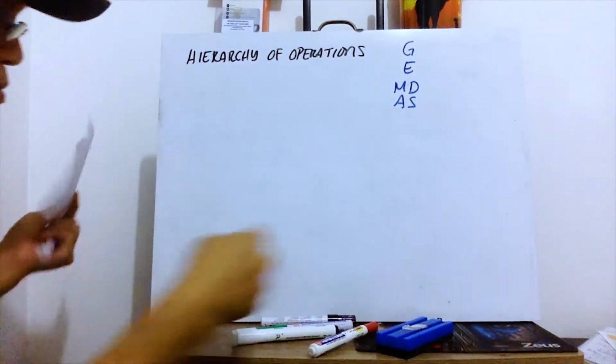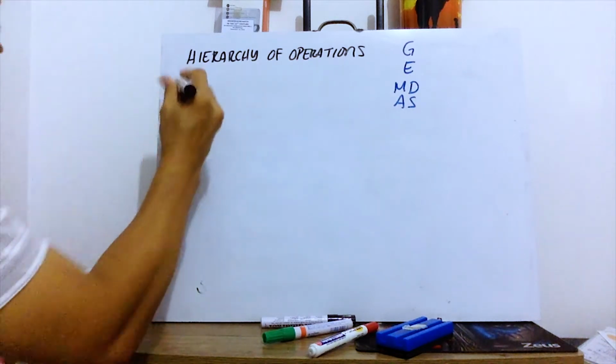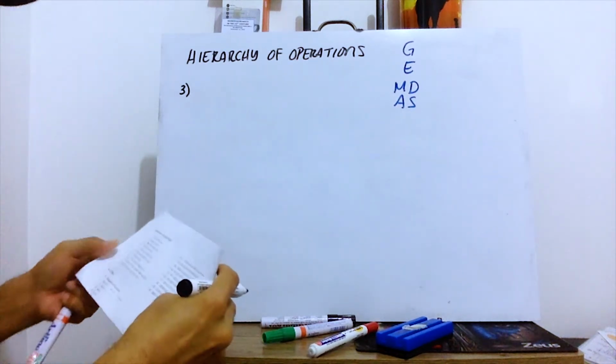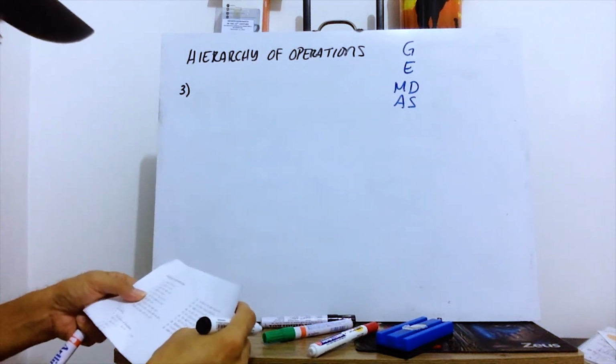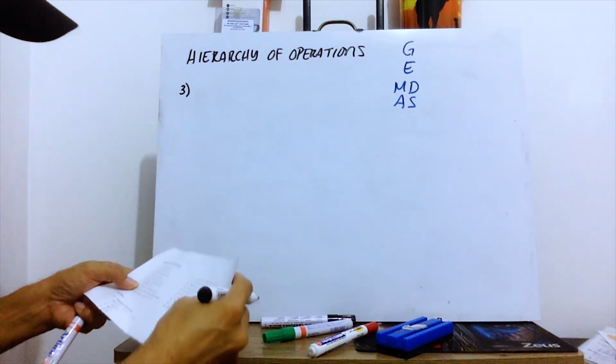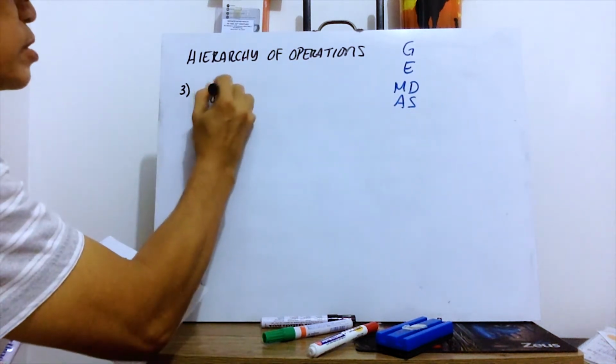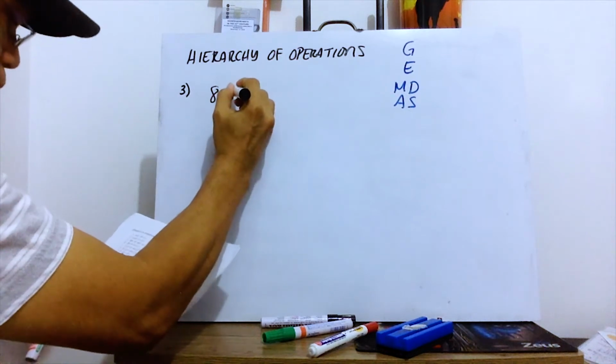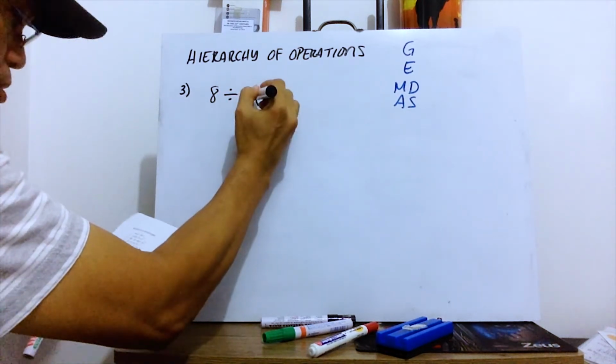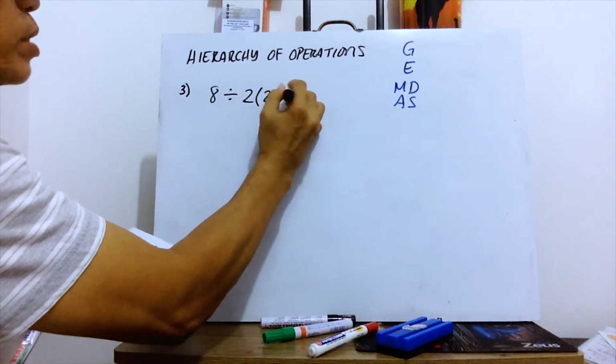Let's get another one. Number 3. A classic example. 8 divided by 2 and then 2 plus 2.